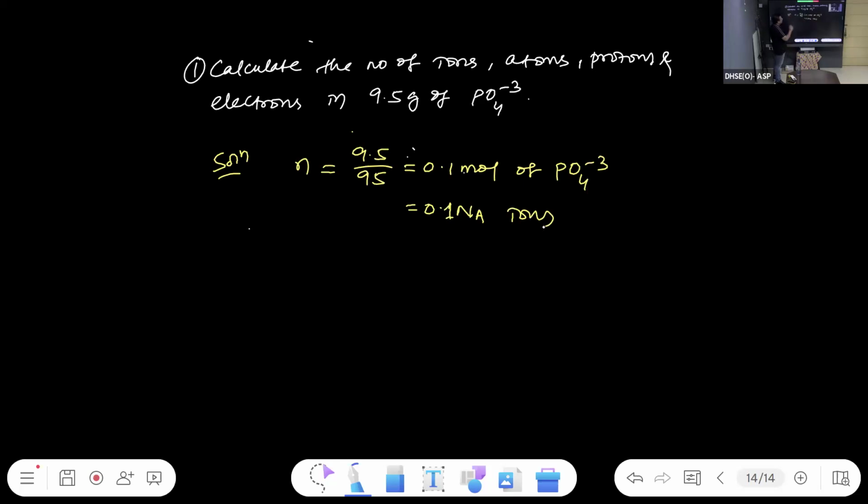So in one ion of phosphate, how many atoms are present? One phosphorus and 4 oxygen. Total 5 atoms are present in one ion.